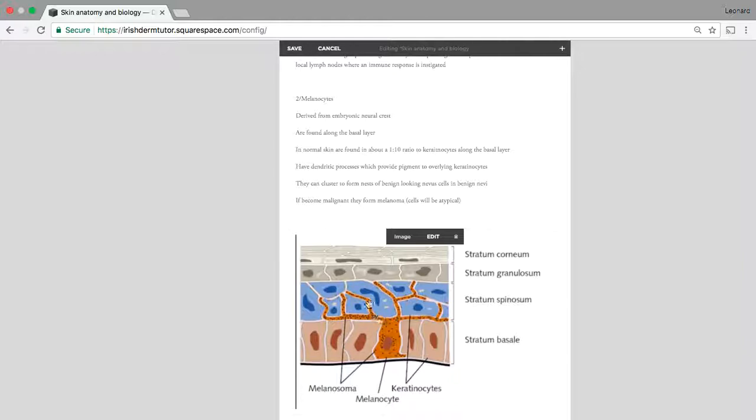And they've got these little dendritic processes which extend up and connect to other keratinocytes, and they basically provide pigment to the overlying keratinocytes, which will protect against UV damage. These melanocytes can cluster along the basal layer, and when they do, they can form nests. If these are all benign looking cells in an ordered way, it's a benign nevus. However, if these cells become atypical, basically becoming malignant, they can form a melanoma.